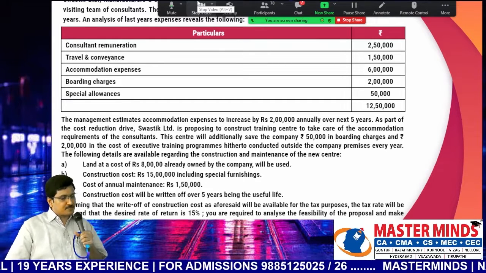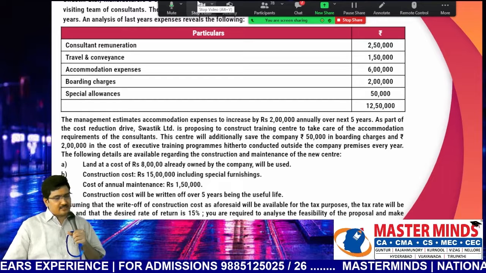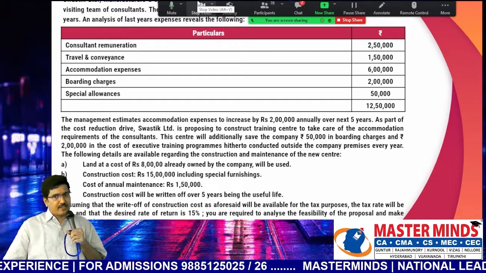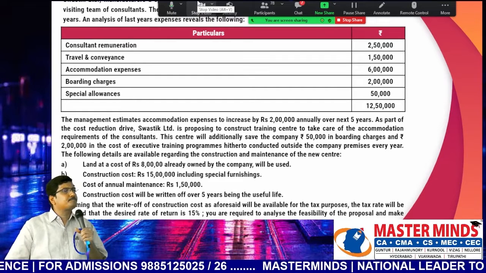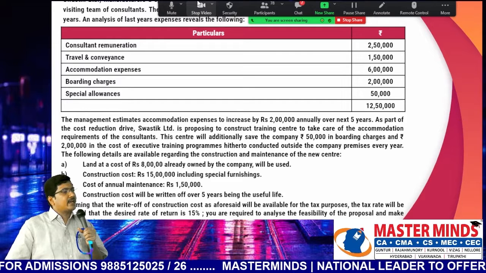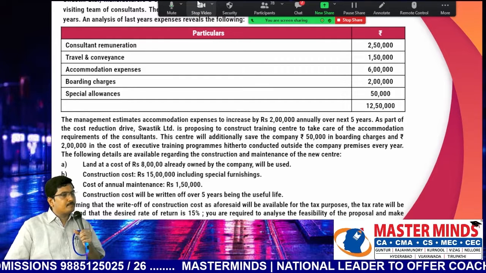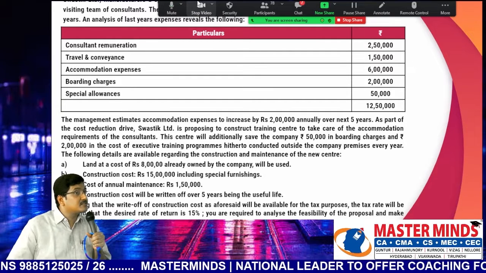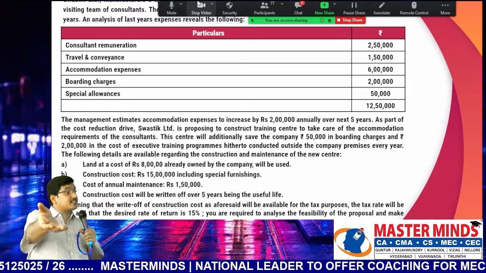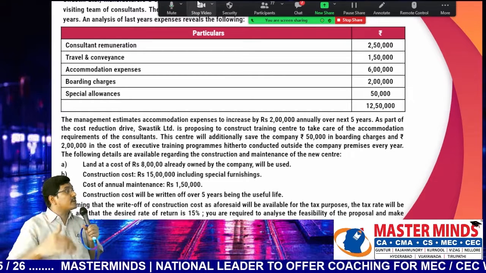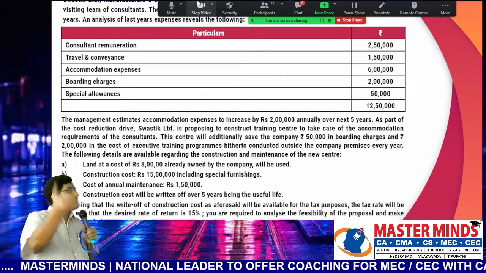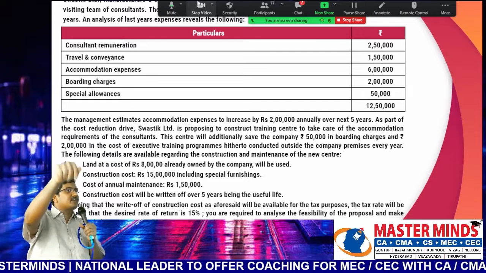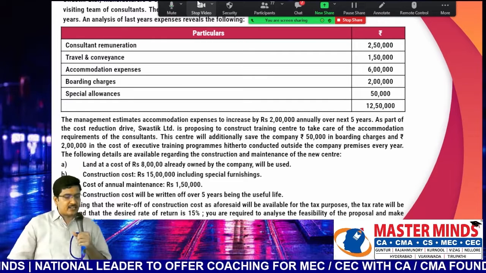Travel and conveyance: 1.5 lakhs. Accommodation expenses: 8 lakhs. It's not 6 lakhs, because we are talking about the next year. Last year it was 6 lakhs, next year it will be 8. So deduct that 8 lakhs.